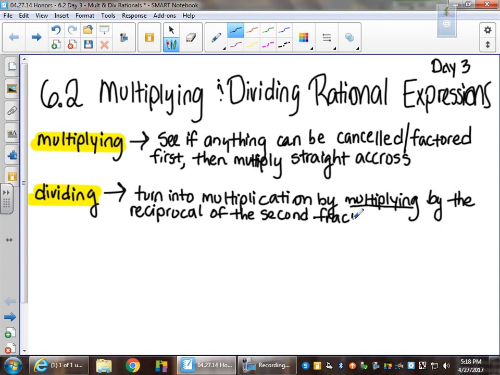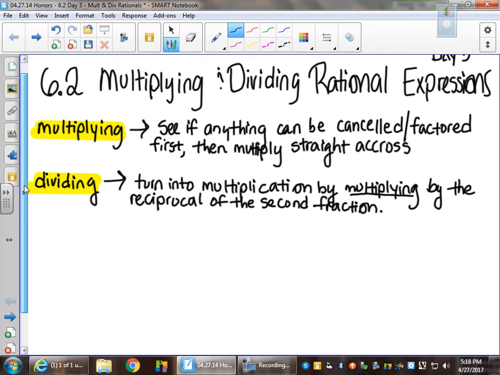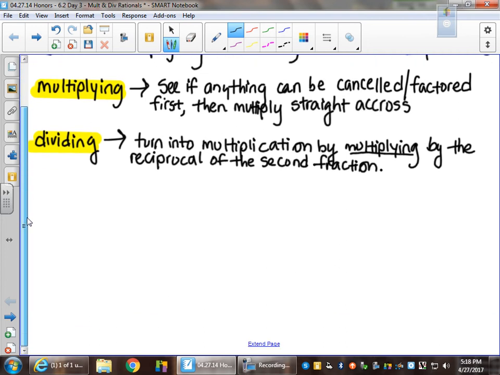And what's nice about that is once it's turned into multiplication, we're right back to where we first started, which is seeing if anything cancels or factors, and then multiplying straight across.